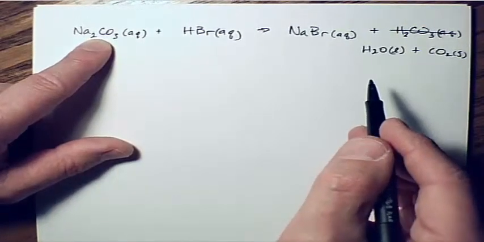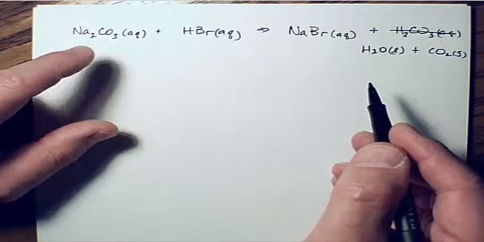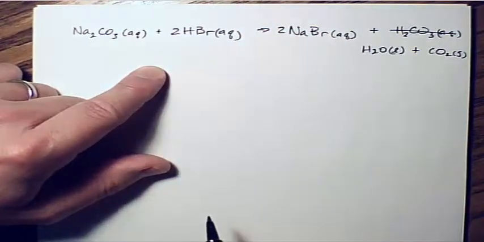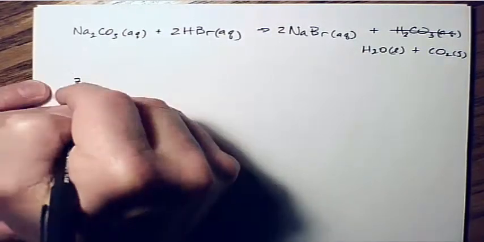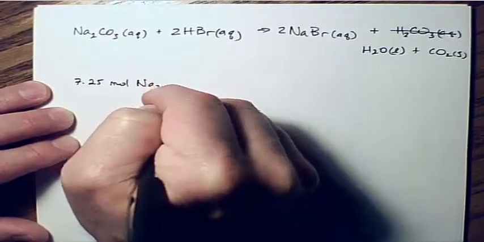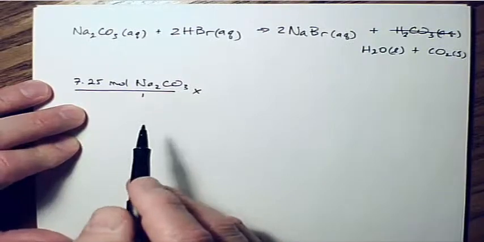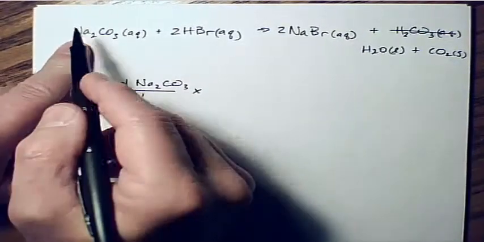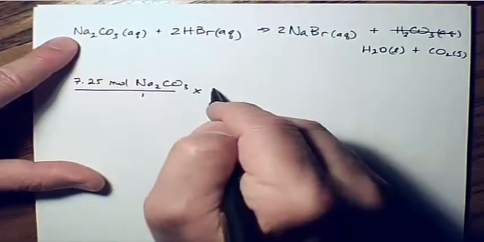Then we're going to balance the equation using an atom inventory. Just for time, I'm going to skip the atom inventory because we've covered that several times. We know that this is going to be balanced when we do this. If our starting amount is 7.25 moles of sodium carbonate, then we're getting a molar ratio to get from this to this. The coefficient here is 1, and the coefficient here is 1.